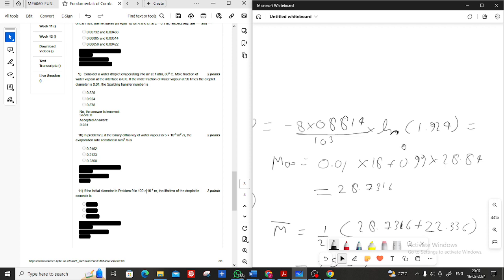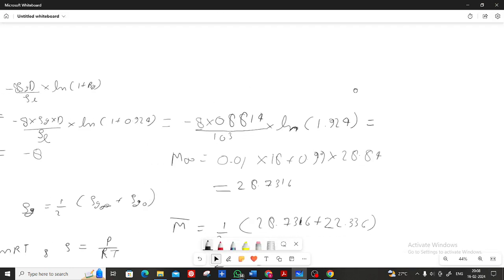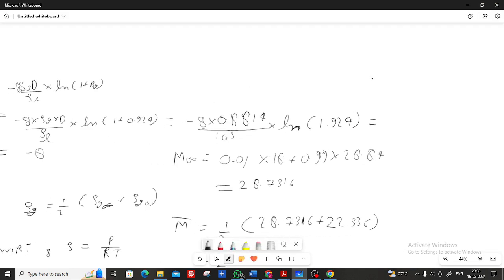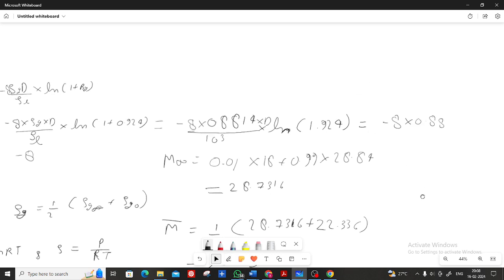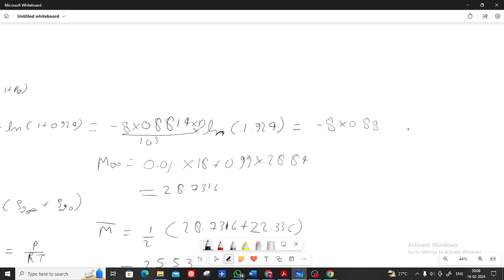Like it is multiplied by D, right? If you do this calculation, minus 8 into 0.8814 into the diffusion coefficient.